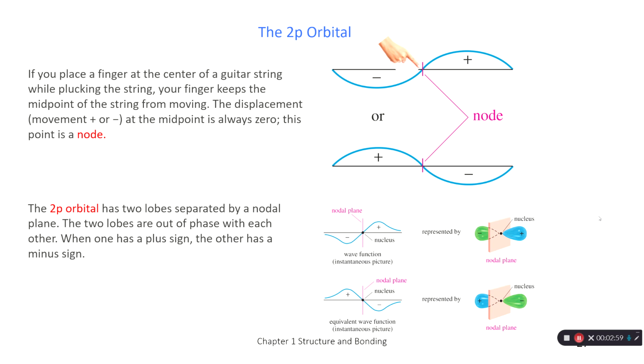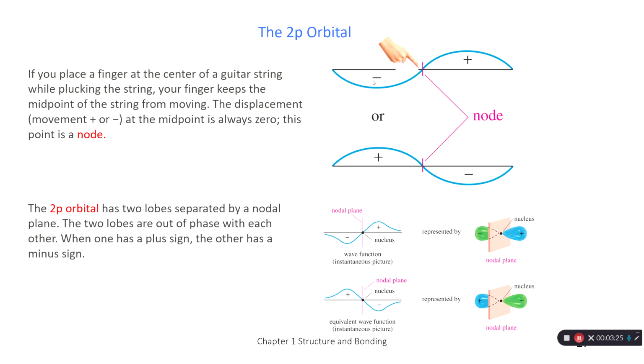So if we apply this concept to, let's say, the 2p orbital of a carbon atom, the way you can think about this is if you're putting your finger on the fret of your guitar and then you're plucking the string, right? Here's a wave, there are actually two waves that are set up here. There's a negative displacement on one side of your finger, and there's a positive displacement on the other side of the finger.